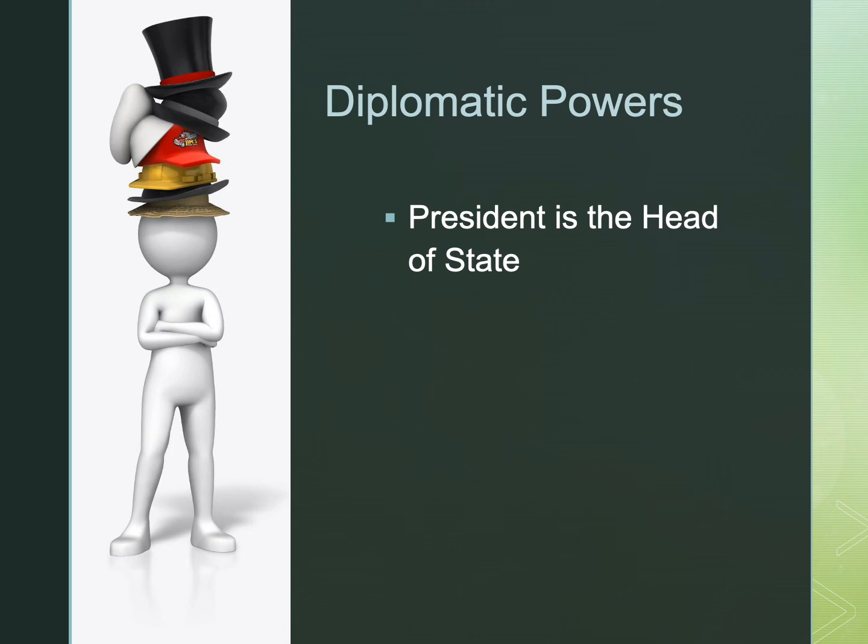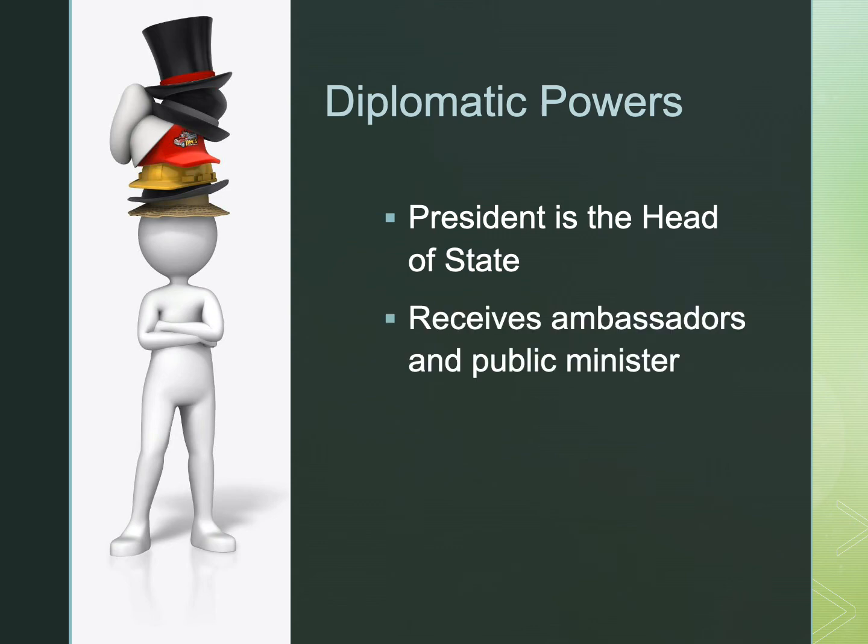And so presidents will, when they receive ambassadors or public ministers or other heads of state when they come to the United States, might have a big state dinner, sort of welcoming the head of state from France or the president of China or wherever it may be. They would welcome them with a big state dinner, just sort of forging this diplomatic relationship that we have with those other countries.